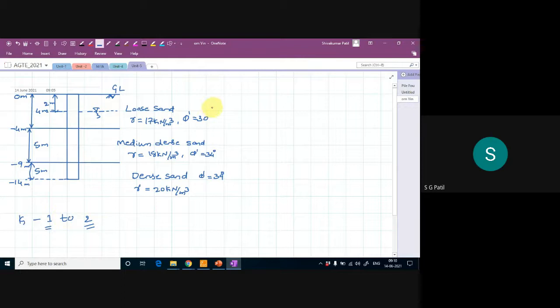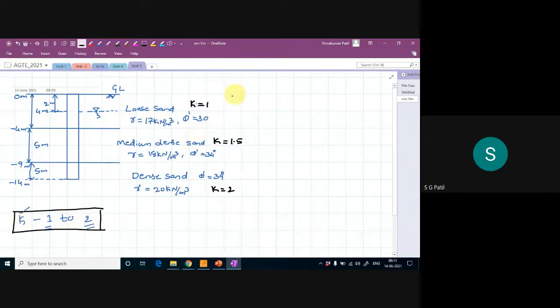This K value they may or may not give in the problem, but you have to remember this range: K can always be taken between 1 to 2. So for the loose sand, K is equal to 1. For the medium dense layer, K will be around 1.5. Since the bottom is a dense sand, here I will take K as 2. You should know the range of this K value.